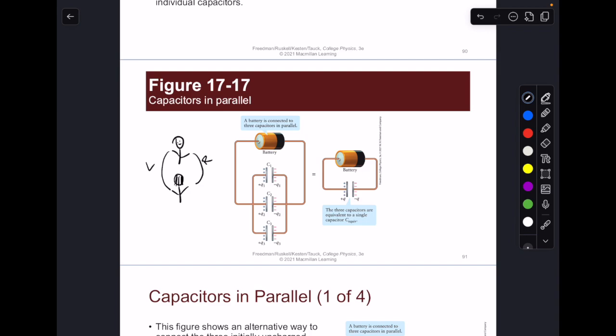All the positive parts of the capacitors are connected to each other. All the negative sides of the capacitors are connected to each other. This is all connected to the positive side of the battery, and this is all connected to the negative side of the battery. There are two ways you can hold hands with somebody: when you're all facing the same direction, or when you're facing each other.